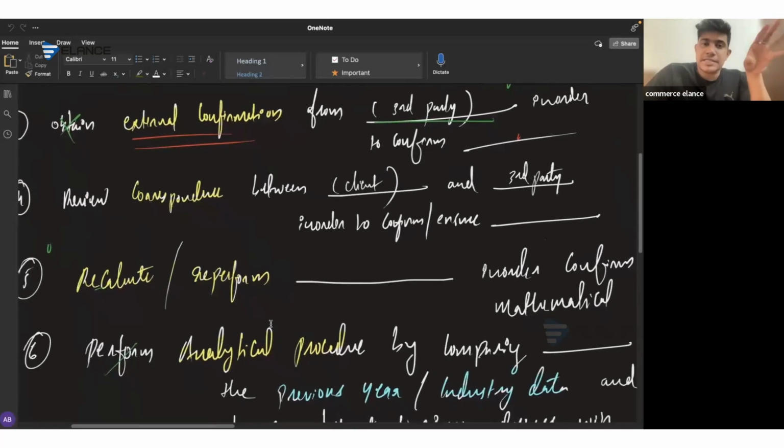Then wherever there is a calculation, you can always consider the possibility of recalculating that. Recalculate the redundancy provision of 110,000 for dashing company in order to confirm mathematical accuracy.